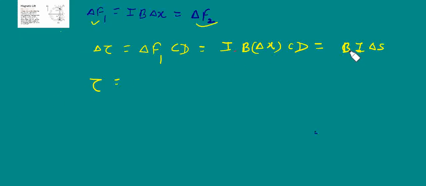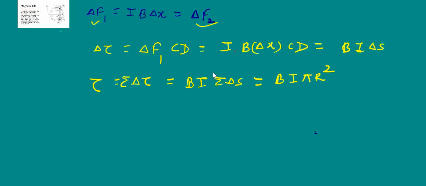Since we need to calculate delta T as the sum of all delta T acting on similar segments like CD, B and I are constant. So we are going to add up the areas, and this is the whole area, so we can write it as BI pi r square. Remember, r is the radius of the ring.